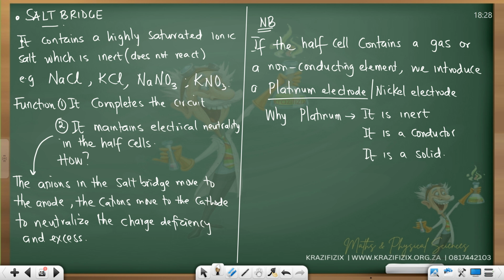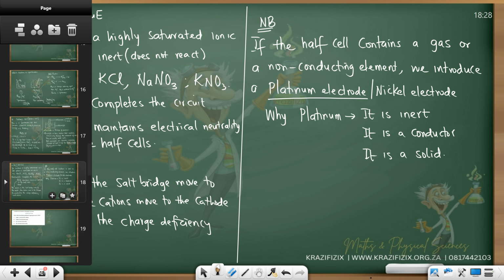Why do we bring in platinum? I love the question. What did we say should be in the half cell? It's a solid electrode and an electrolyte. Let me show you a diagram quickly.